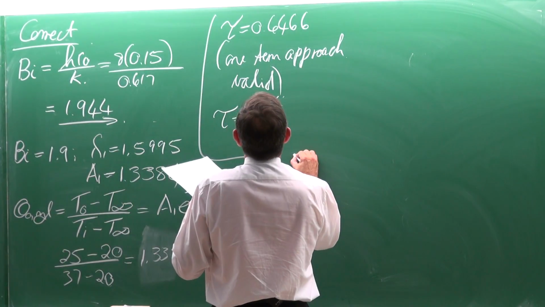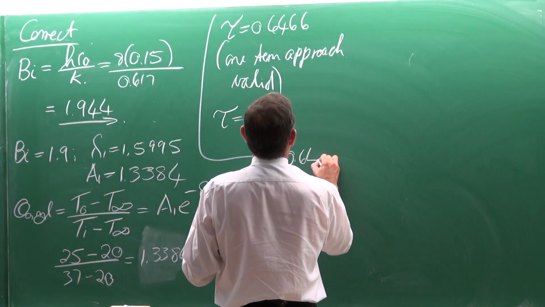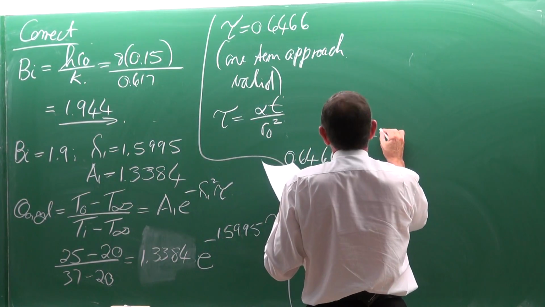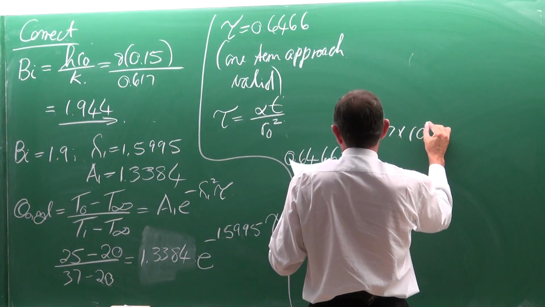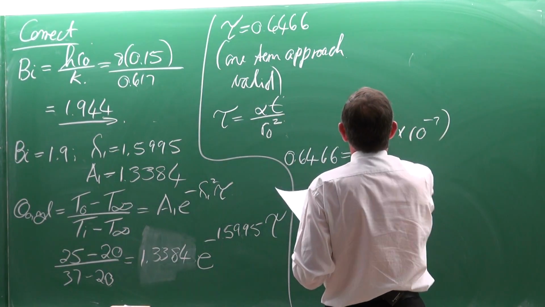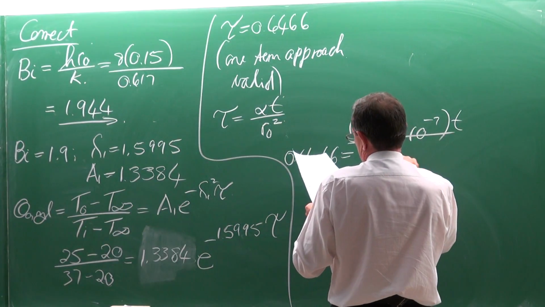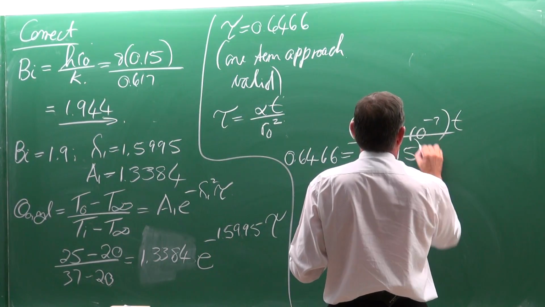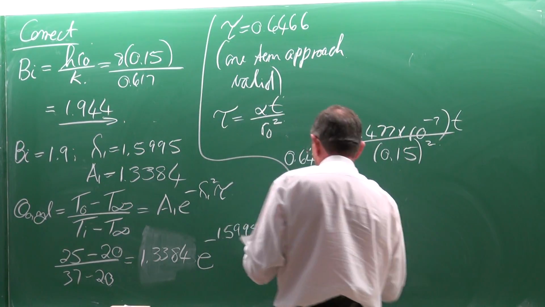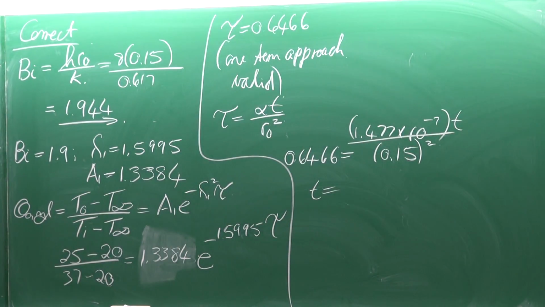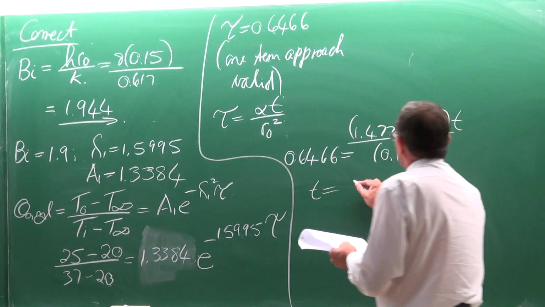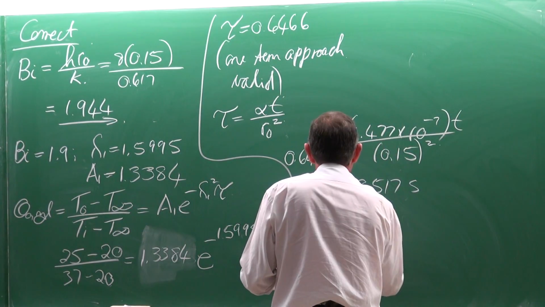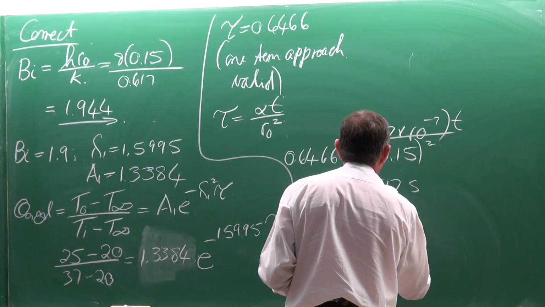So tau, 0.6466, is equal to alpha, 1.477 multiplied by 10 to the minus 7, multiplied by t, divided by r0 squared, and r0 is 0.15. The result is that the time is equal to, and look at the difference, 98,517 seconds, and that is 27.37 hours ago.